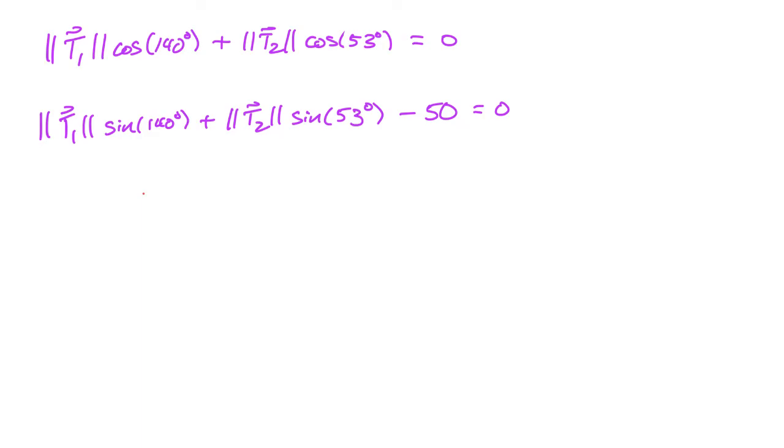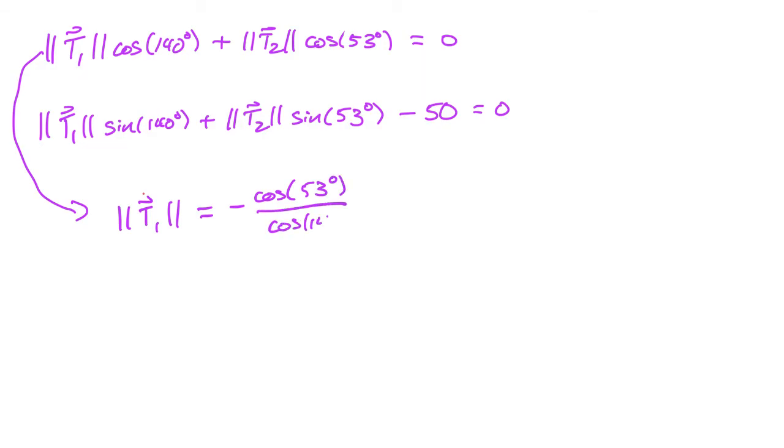If I take that first equation, I can easily solve for one of the values. I can say that the magnitude of T1 is equal to the negative of the cosine of 53 degrees divided by the cosine of 140 degrees times the magnitude of T2.